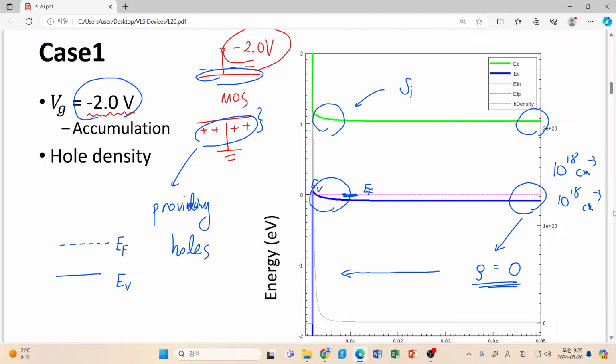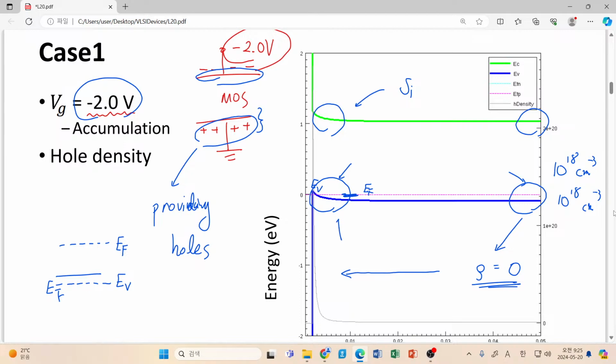However, in this case, our Fermi level is located here. What does it mean? We have a really high density of hole gas. So we have so many holes, even more than this 10 to the 18 per cubic centimeter.